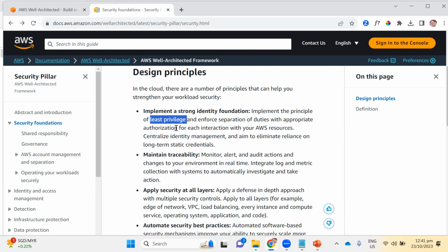We come to the next one, traceability. Traceability by default should be everywhere in every step, right? Why traceability? Because traceability will give us ownership, like who did what and when.